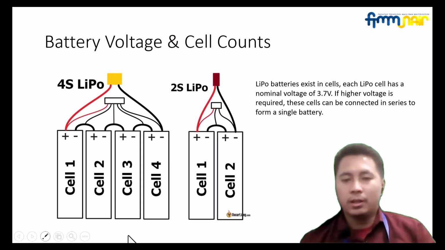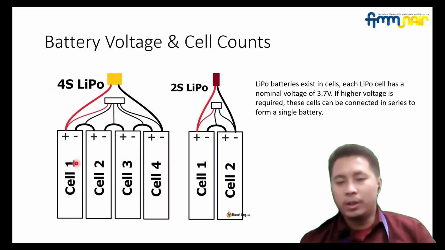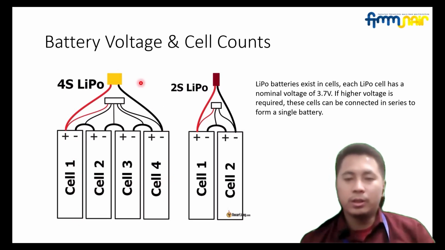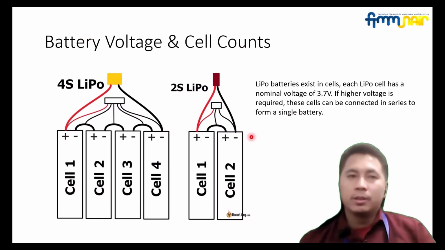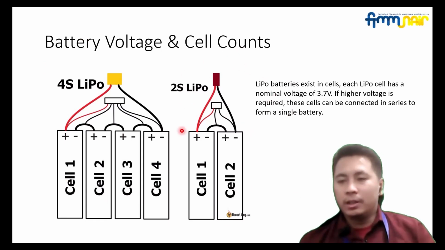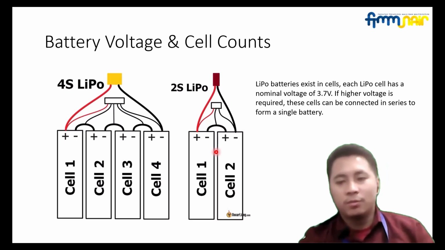So for the cell count, this is an example diagram: cell 1, cell 2, cell 3, cell 4. So it is a 4-cell lithium polymer. And this is the arrangement for 2 cells. A lithium battery is made of cells, and each cell has 3.7 volts. If higher voltage is required, the cells can be connected in series to form a single battery.